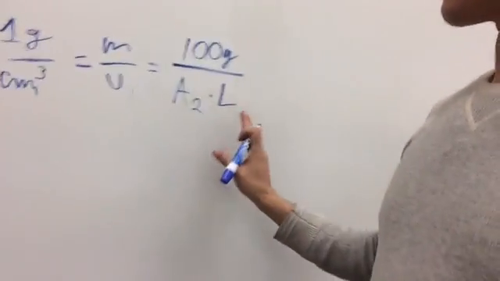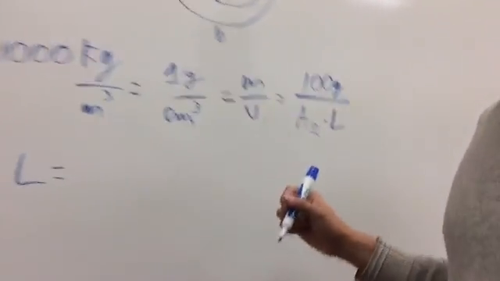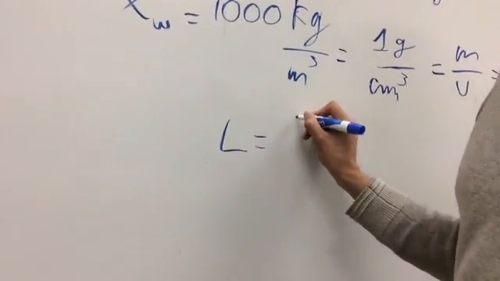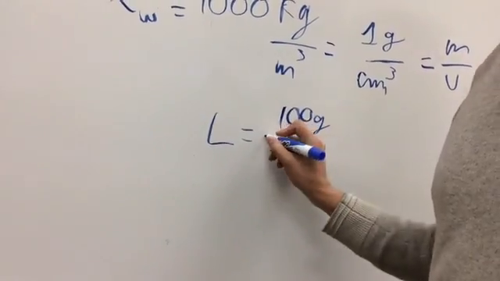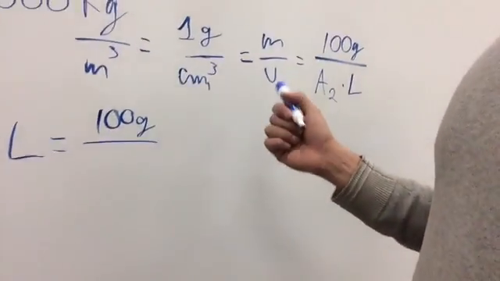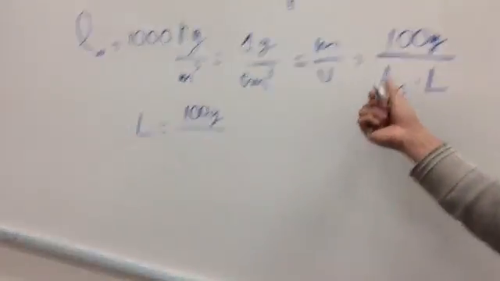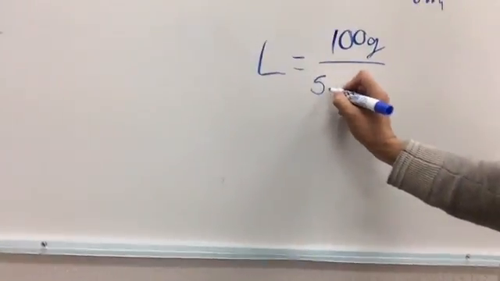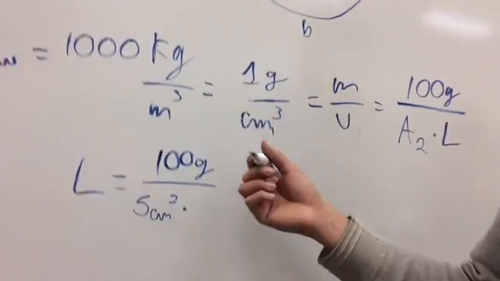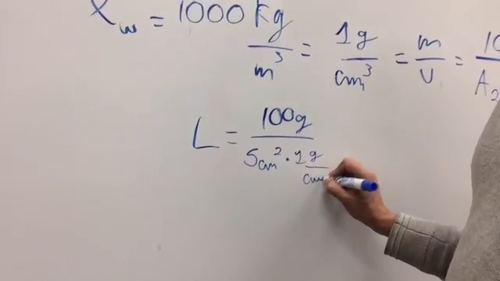So we take the length, and this length equals 100 grams over my area 2. The problem says that the area 2 is equal to 5 centimeters squared. So we can put here 5 centimeters squared times 1 gram over centimeter cubed.